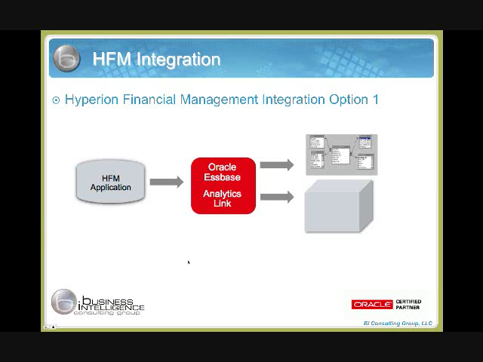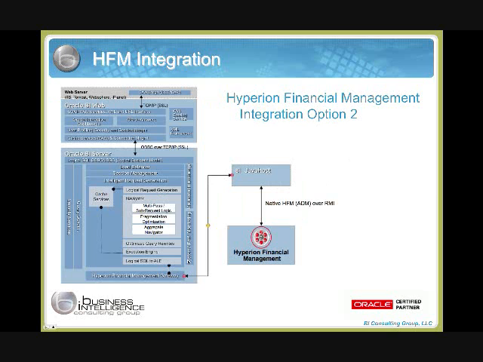It could take a couple of hours, and ultimately it cranked out a couple of cube models based on the HFM model. But now what we've got is something called analytic links, which really provides the data into an Essbase cube for you, and it also is pretty much real time. So it's something that's really going to be valuable going forward.